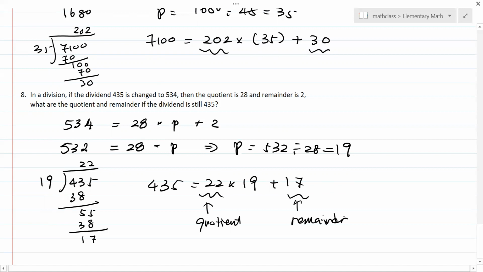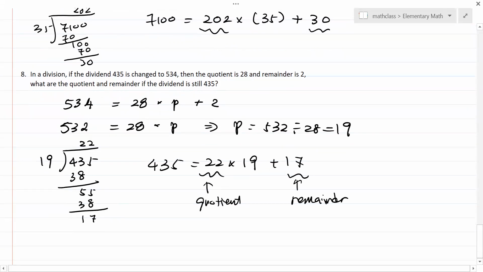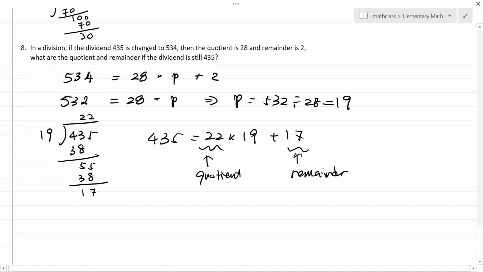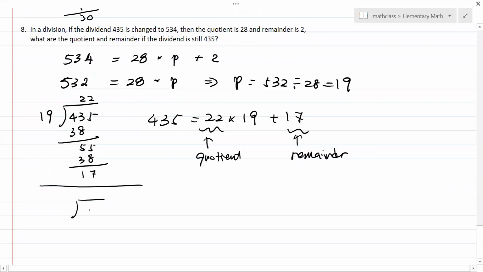So anyway, the dividend minus the remainder is always divisible by the divisor. So this is the identity. So let's record the number. In a more abstract way, if you divide the number by another number p, you get a quotient and a remainder.